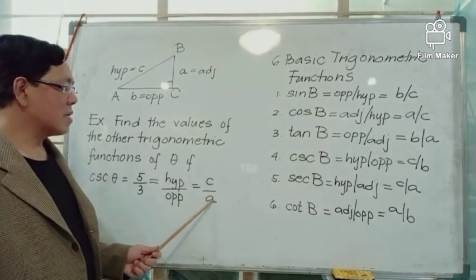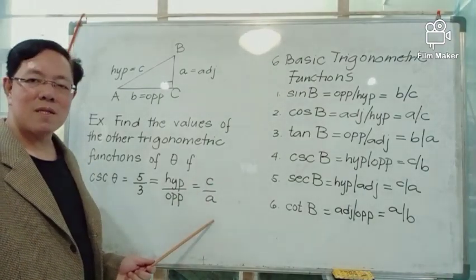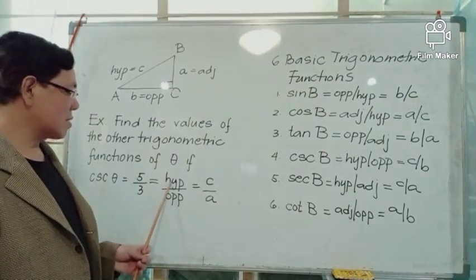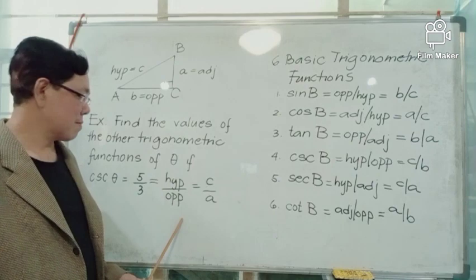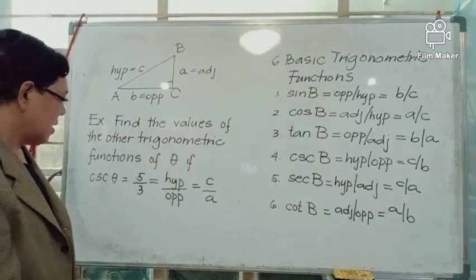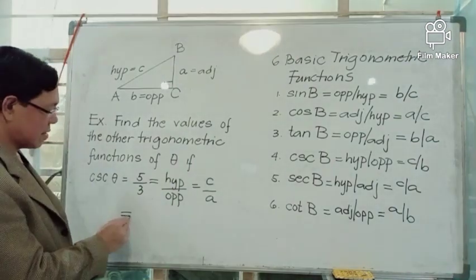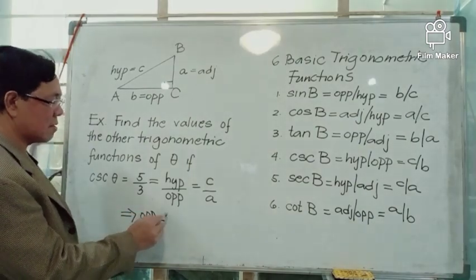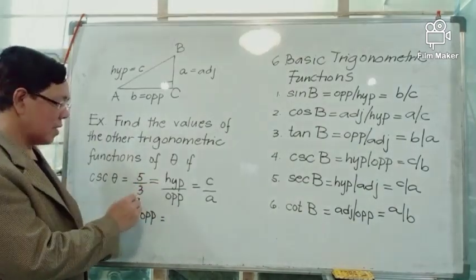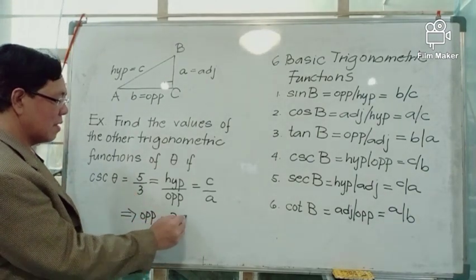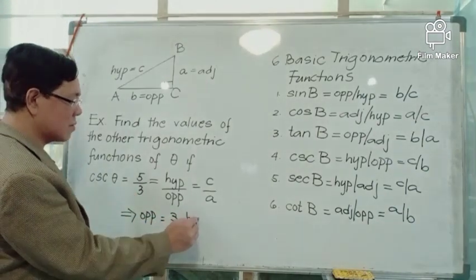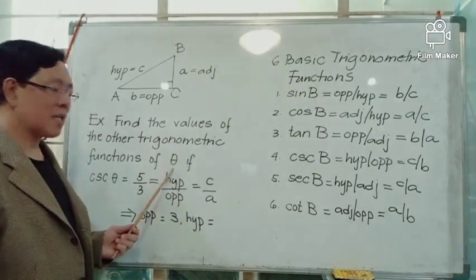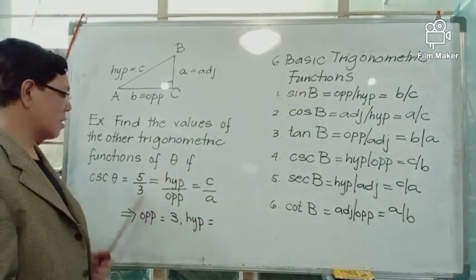Or you may do away with these notations. You simply write 5/3 equals hypotenuse over opposite. And this implies that the side opposite the angle theta is 3, and the hypotenuse of the right triangle, of which theta is one of the two acute angles, is 5.